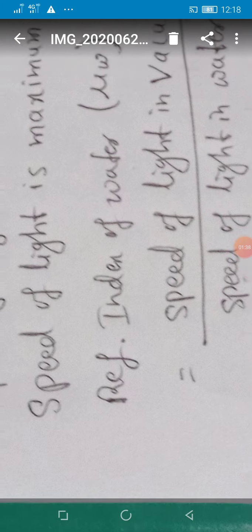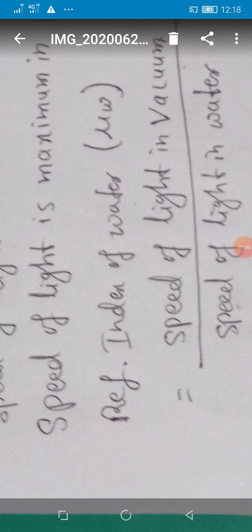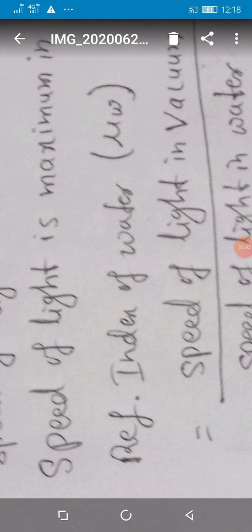Now student, if I want to find out the refractive index of water, first let me explain the meaning of the term refractive index. Actually what happens is, student, whenever light changes its path, it will change the path only when the medium is changing. Remember, student, what I am saying. Suppose light is traveling from air to water.